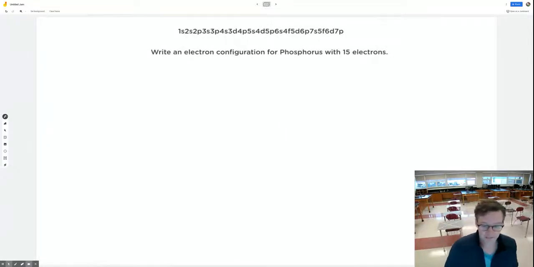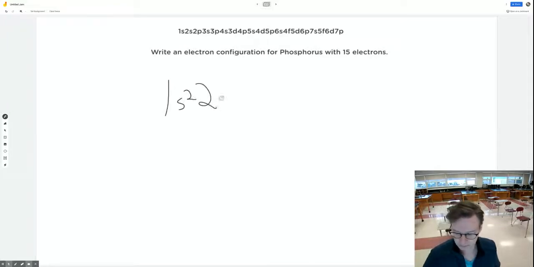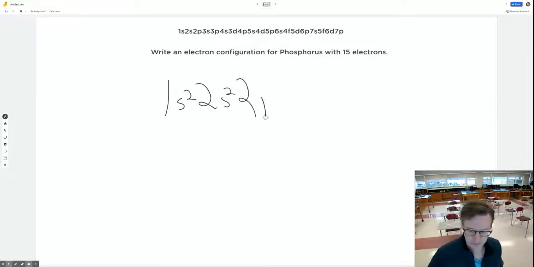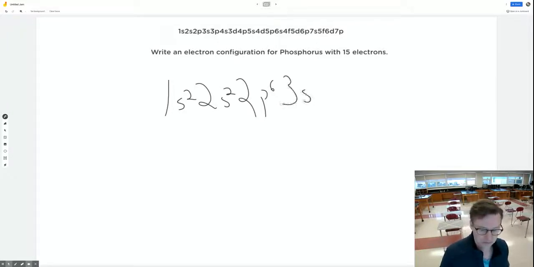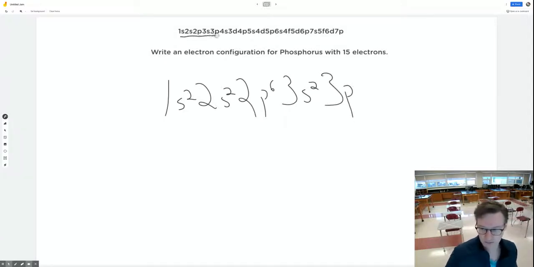Okay, and then finally phosphorus with 15 electrons. So 1s2, 2s2, that's 4, 2p6 is 10, 3s2 is 12, and 15, we're up to 3p. I'm just following along this order. We get to 3p. I'm at 12.